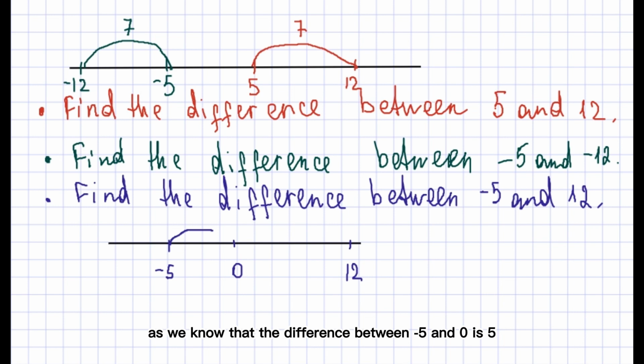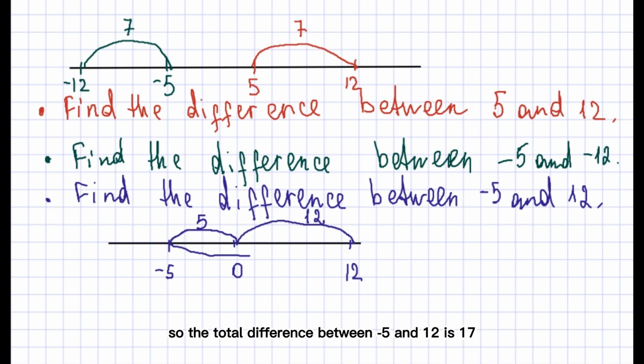As we know, the difference between -5 and 0 is 5, and the difference between 0 and 12, it means the distance between them on the number line, is 12. So the total difference between -5 and 12 is 17.